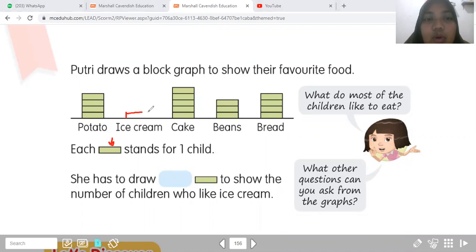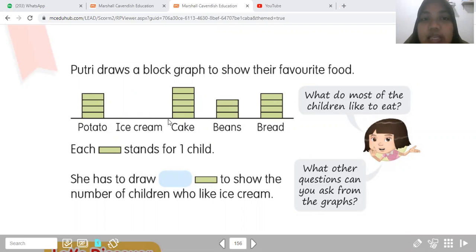So we have to draw blocks 7 times like this. 1, 2, 3, 4, 5, 6, 7. Yeah, I think 6 students, because there are 6 students who love ice cream. For example like this. So that is the difference between block graph and pictograph.